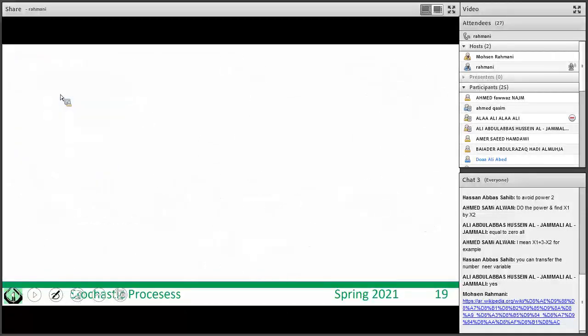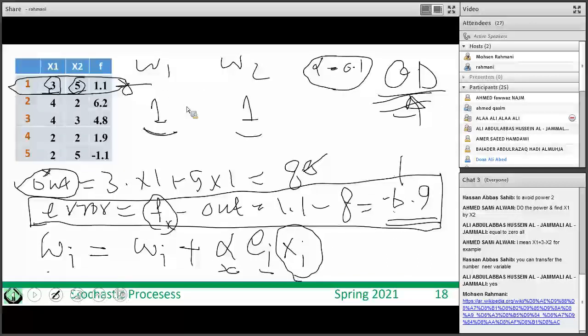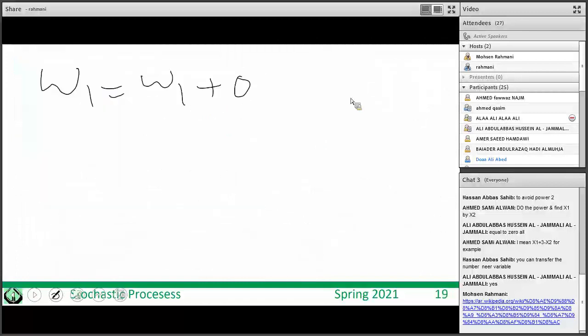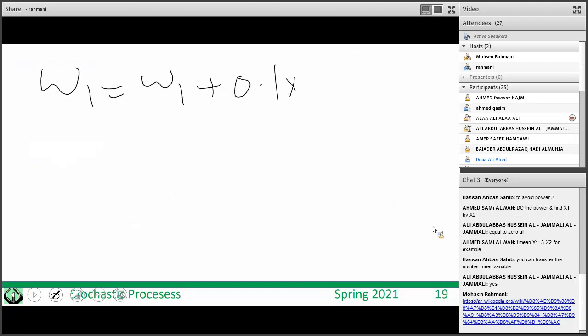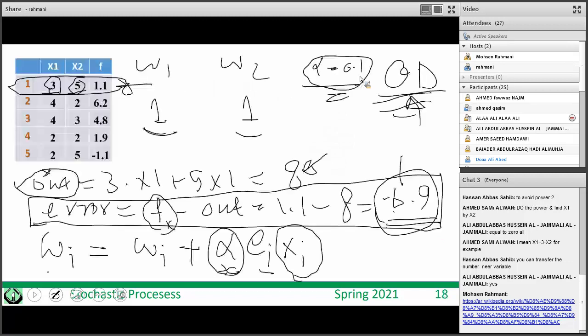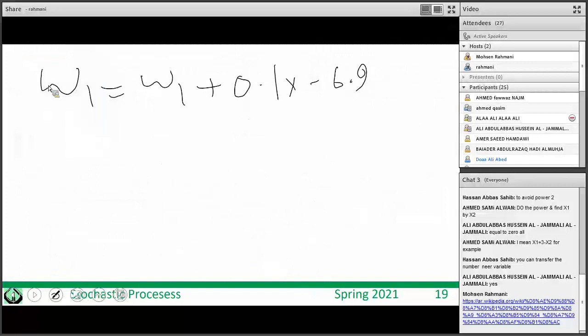For example, if I want to calculate W1, I say that W1 is W1 plus alpha, which we said is 0.1, times Ei, which is minus 6.9, times Xi, which here is 3.